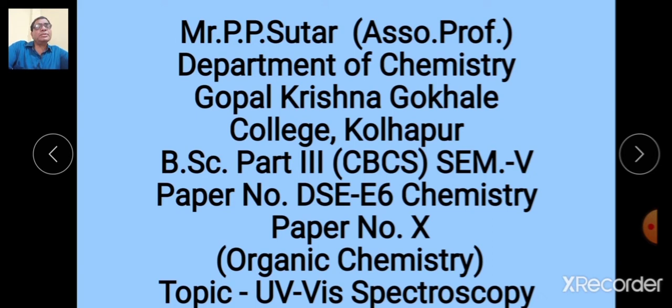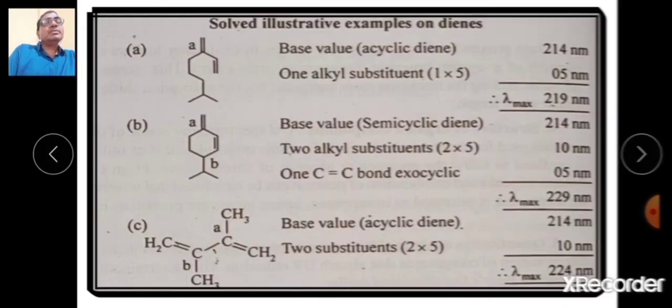Now, in this lecture, we are going to solve the problems based on the calculation of lambda max value of dienes and enones using Woodward-Fieser rules. Now here the problems on dienes with a solution is given.